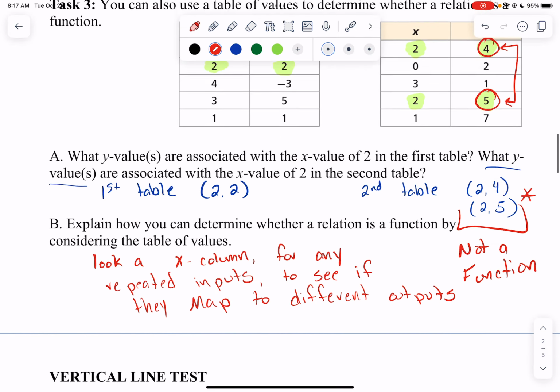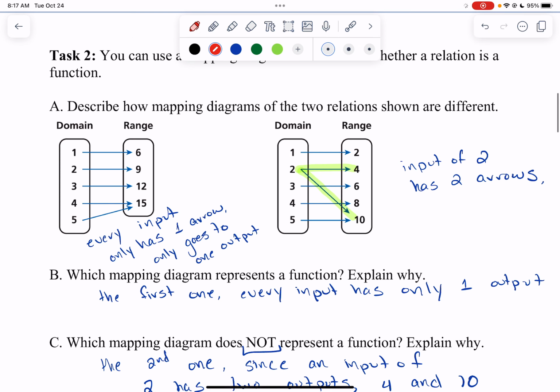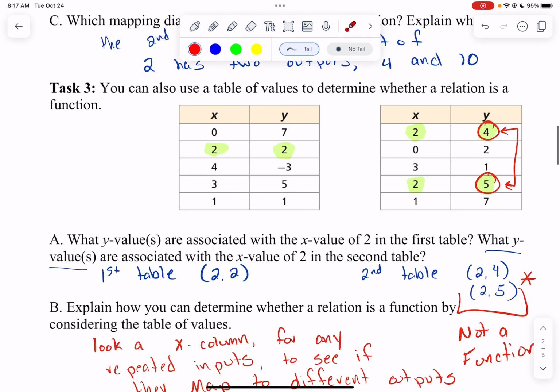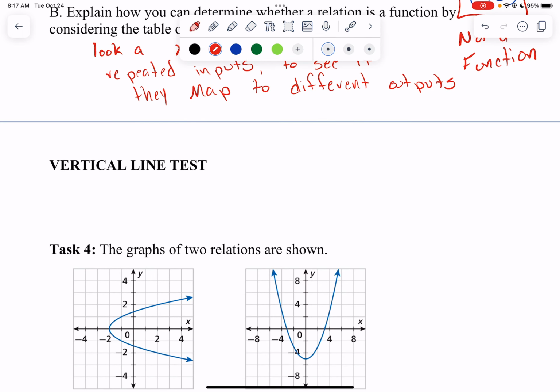Okay, so we've looked at how to tell if a relation is a function from a mapping diagram. Again, we're looking for that input with two separate outputs. From a table, input with two separate outputs. That means it's not a function. You can also look at the graph. So the vertical line test is a graphing tool to tell if a relation is a function.